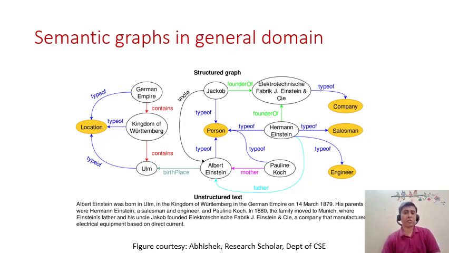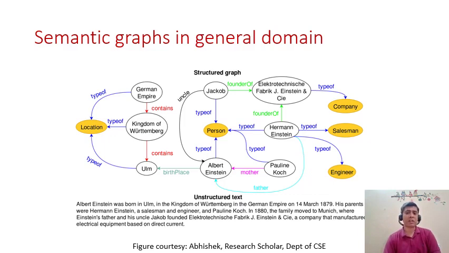Not only that, as I was discussing for the previous examples, if a lot of such graphs are combined together, you can again find relations which were earlier not mentioned in any of the unstructured text. So you can find new relations, and so on.